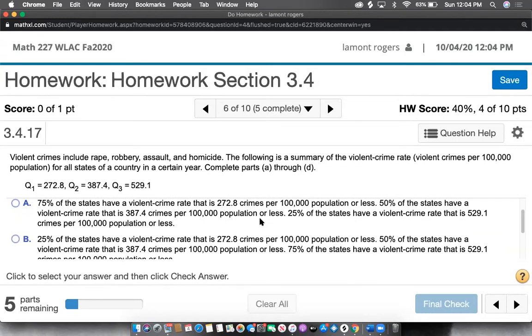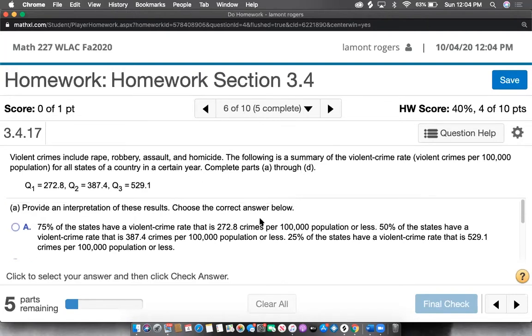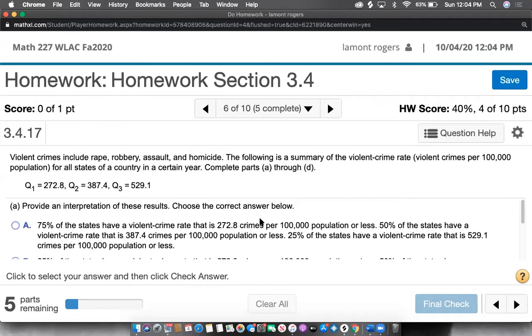Q1 basically means the 25th percentile. Q2 is the 50th percentile. Q3 is the 75th percentile. So it's similar to the last question, how we were interpreting percentiles. And now we're just interpreting quartiles. The first one's always 25%, the middle's 50%, and the last one's 75%.